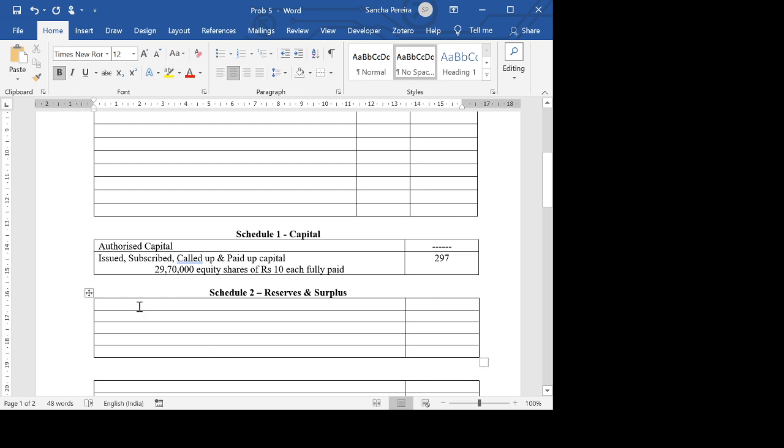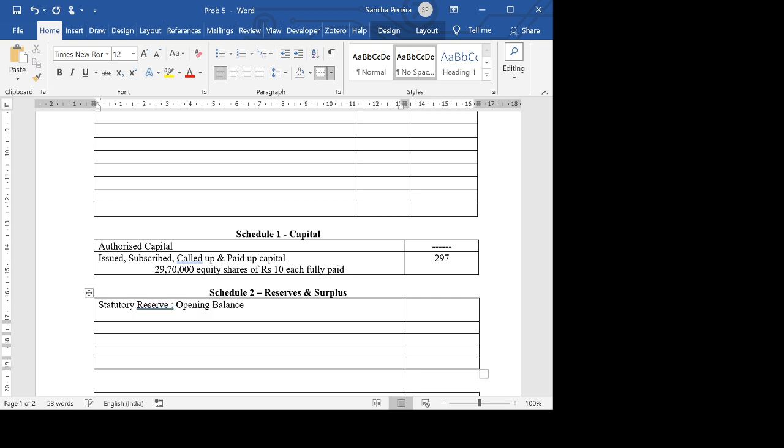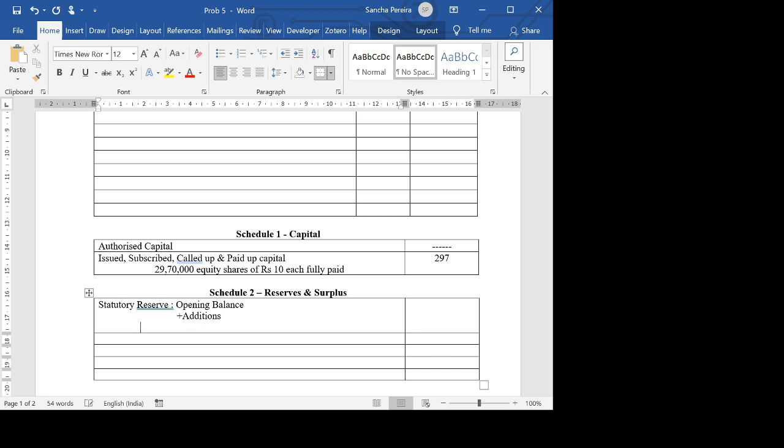When we are showing statutory reserves, if you remember the format, we show it as opening balance, then any additions during the year, and less deductions or any transfers.